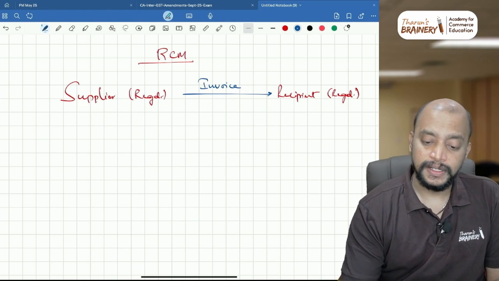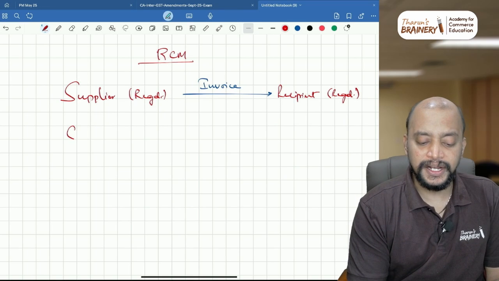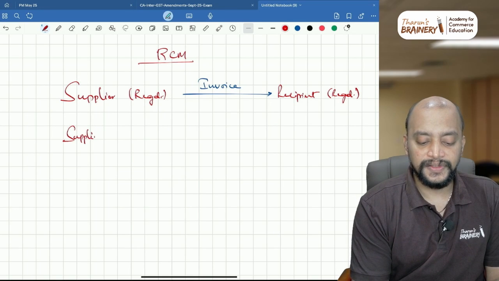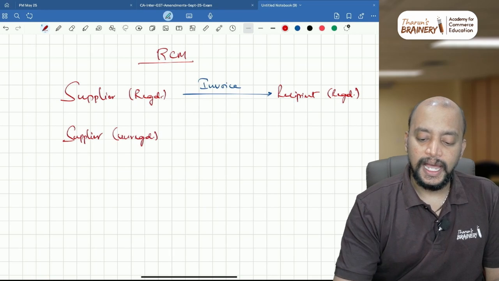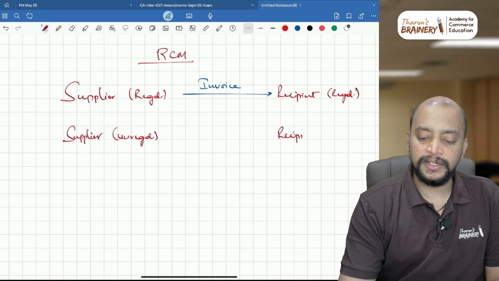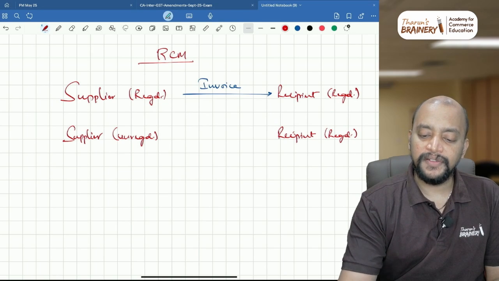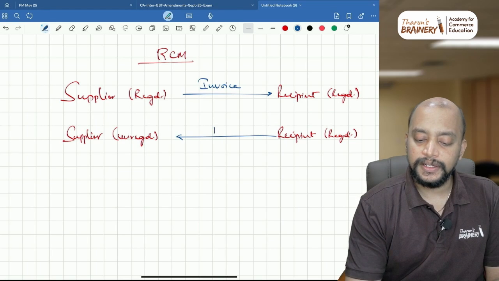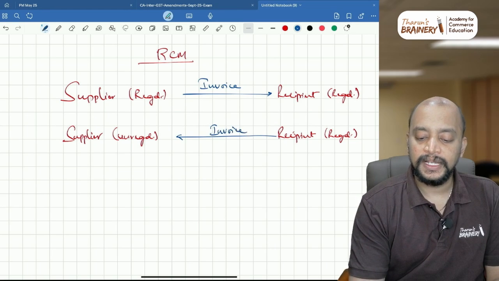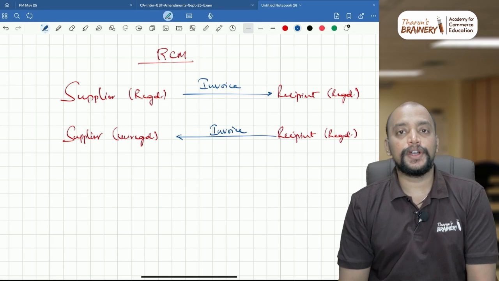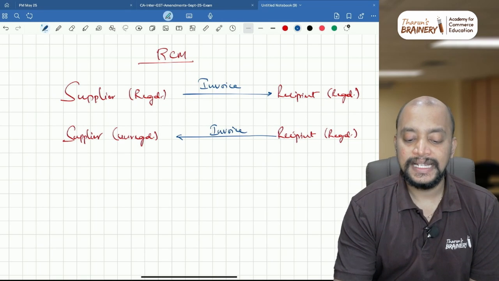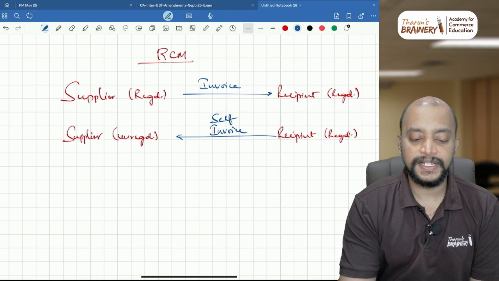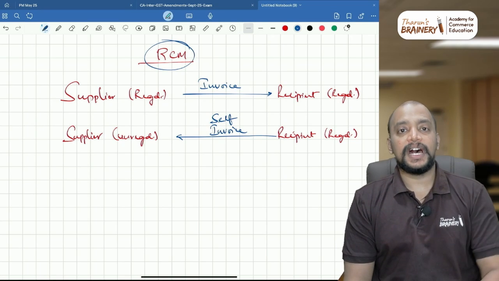Then suppose the supplier is unregistered and the recipient is registered, then who will be giving invoice to whom? Sir, recipient will be giving invoice to supplier. This is called a self invoice, but this is only in the context of RCM.